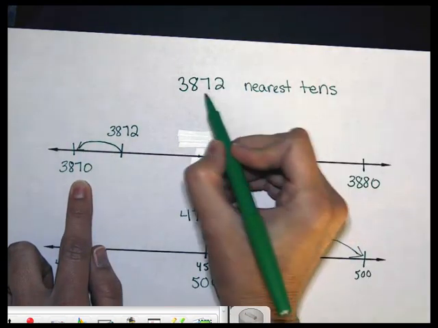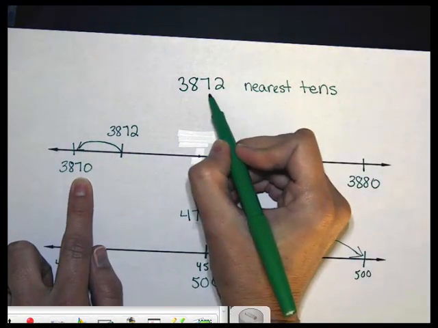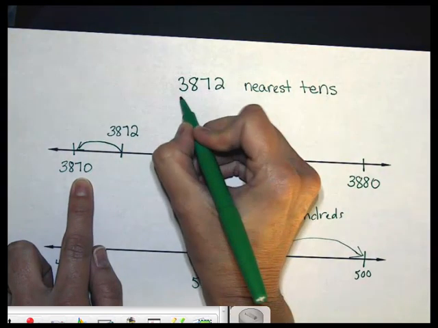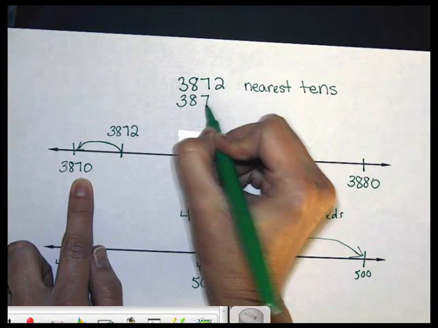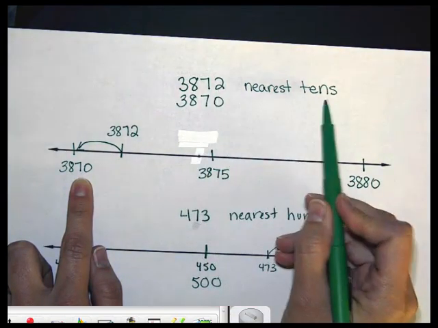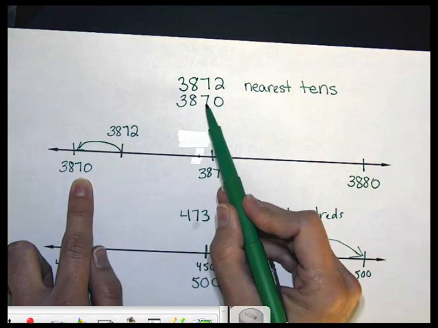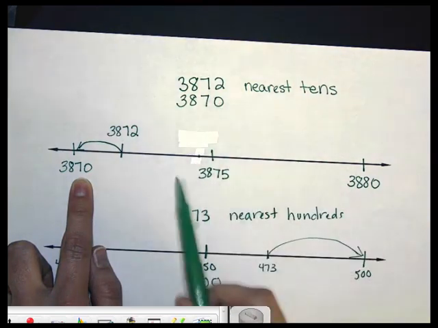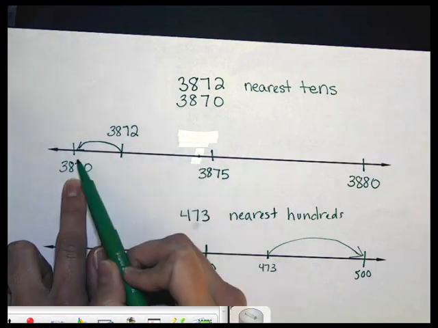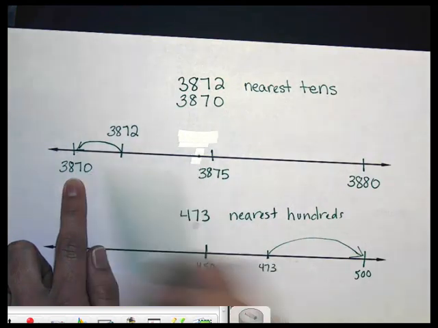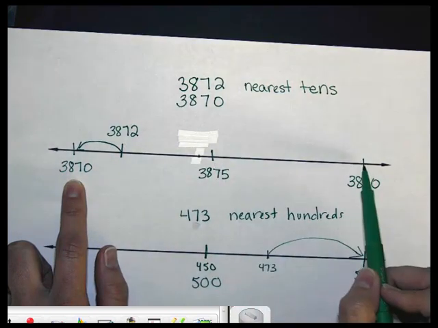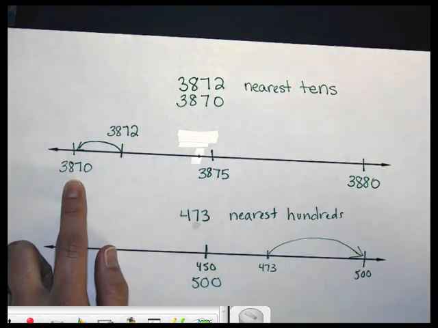So my 7 is going to remain a 7 in the tens place, and the 2 will become a 0. So when I round 3,872 to the nearest tens, my answer is 3,870. Anything below the midway point is going to stay the same. Anything at the midpoint or above is going to round to the next digit.